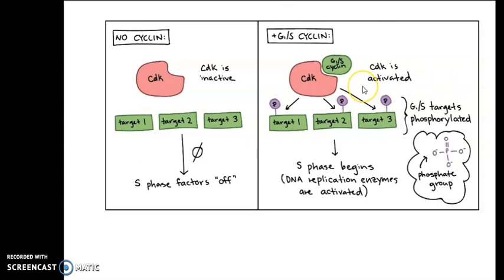But the binding of cyclin activates it, making it a functional enzyme and allowing it to modify the target proteins. That is why it is phosphorylated, and the S phase begins and the DNA replication enzymes are activated.